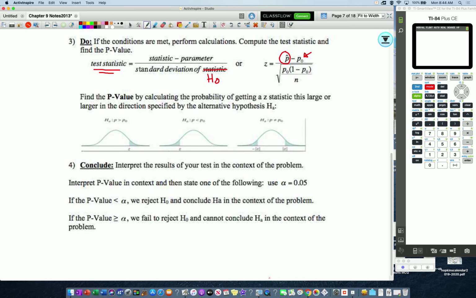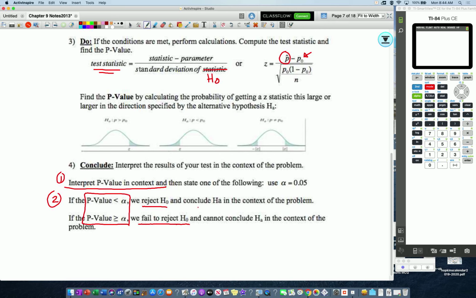So when interpreting, I need to see basically 3 things. You need to, 1, interpret the p-value in the context. Then state whether you reject the null hypothesis or fail to reject the null hypothesis by comparing the p-value to your alpha level.